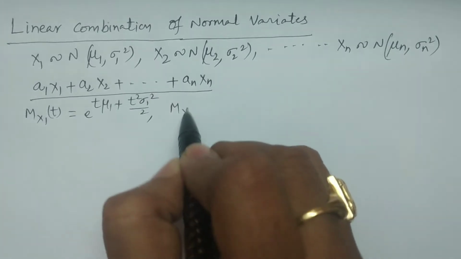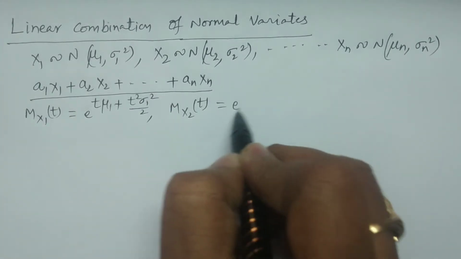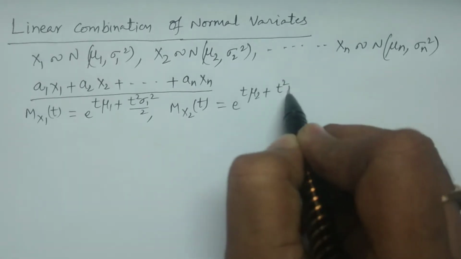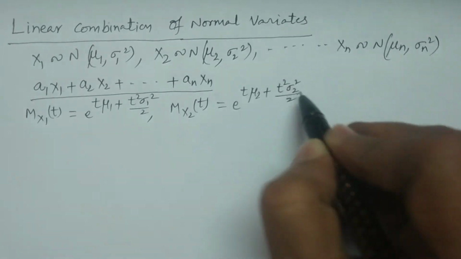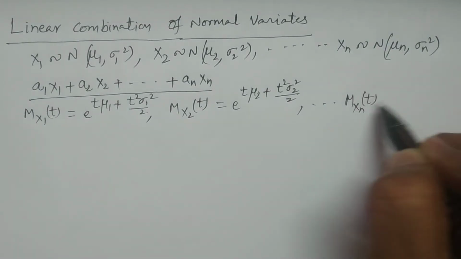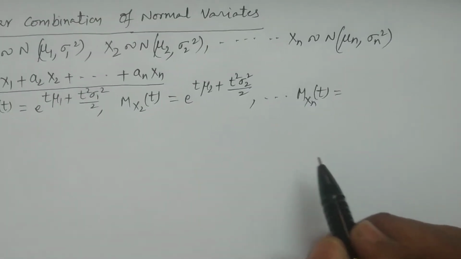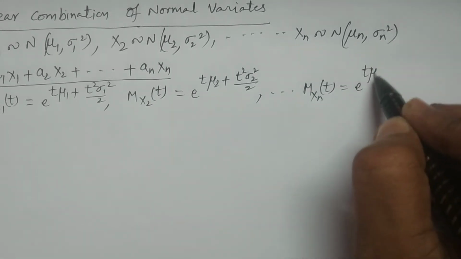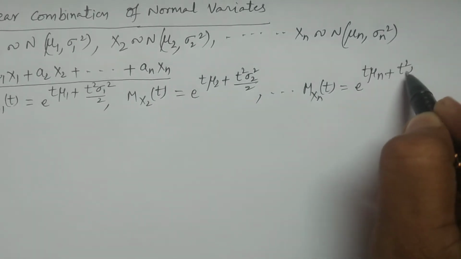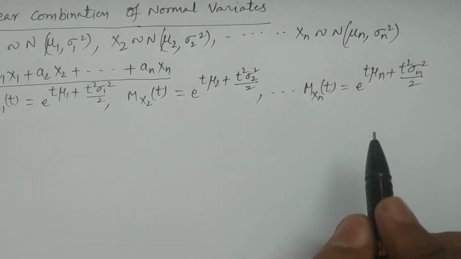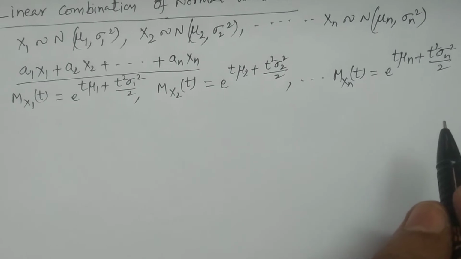And mx2t is nothing but e power t mu 2 plus t square sigma 2 square divided by 2, and so on. The moment generating function of the nth random variable xn is e power t mu n plus t square sigma square n divided by 2. So these are the moment generating functions I have written.